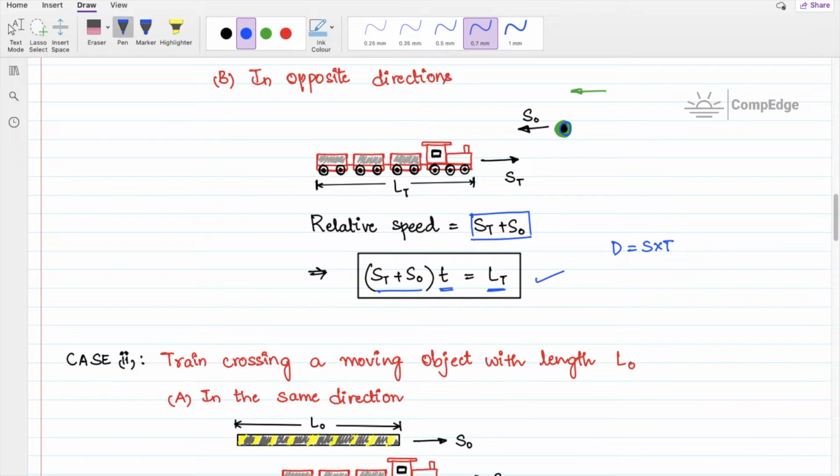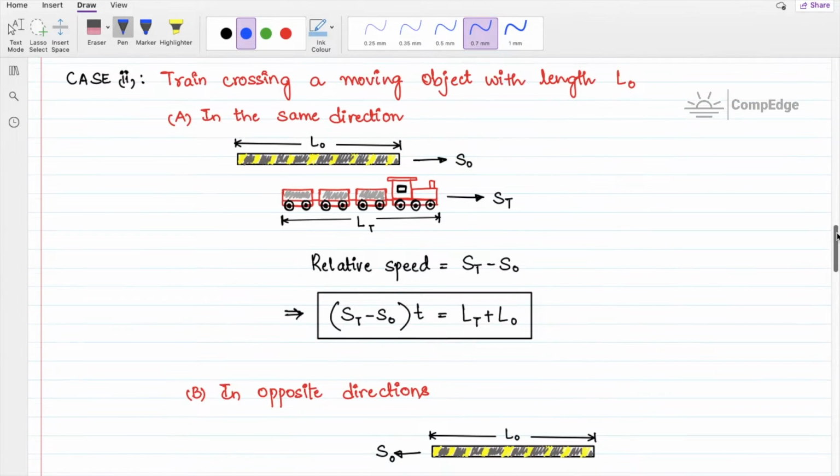Coming to the next one, when the train crosses a moving object with length LO. Now suppose there's another train or a particular thing which moves, and this object also has a length. In this case again, the speed changes and the length also changes.